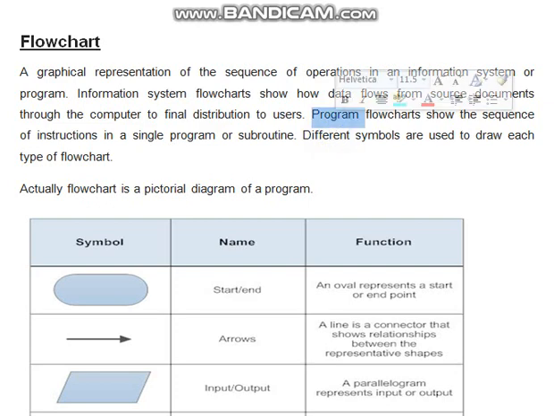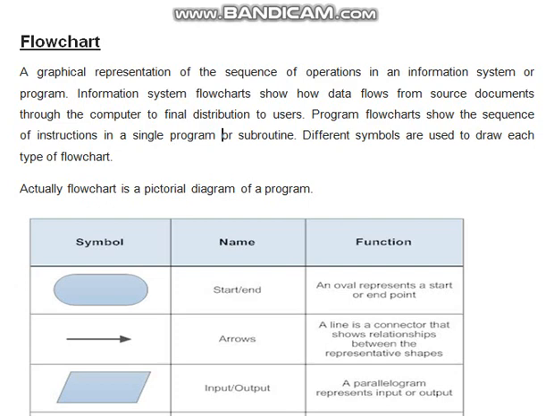In a program, a flowchart shows the sequence of instructions in a single program or subroutine. How the instructions are flowing from one side to another side, getting processed in between, and producing the result. That is what the flowchart is going to explain from the program point of view.